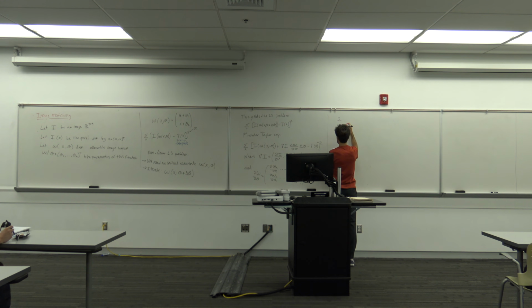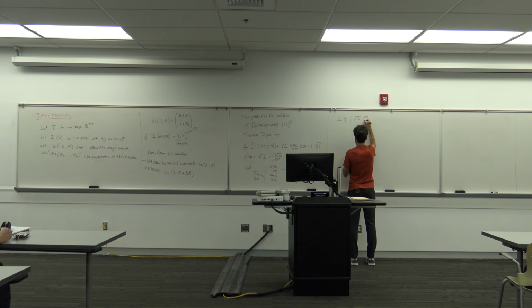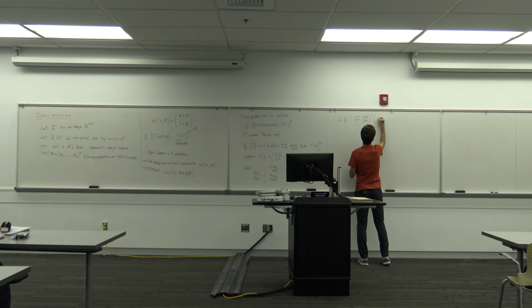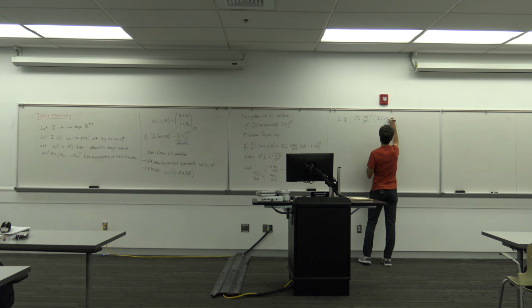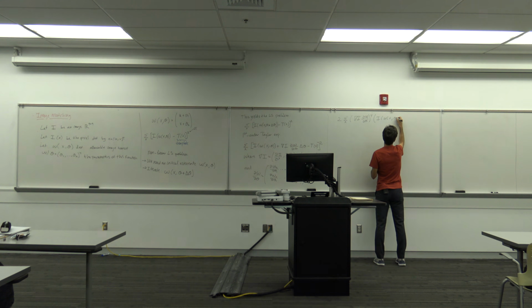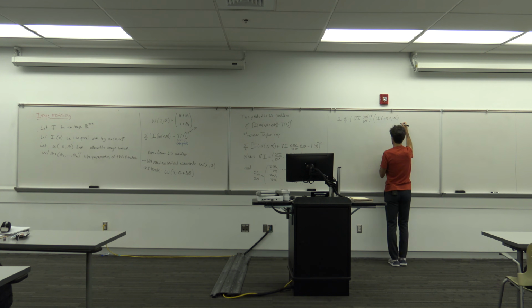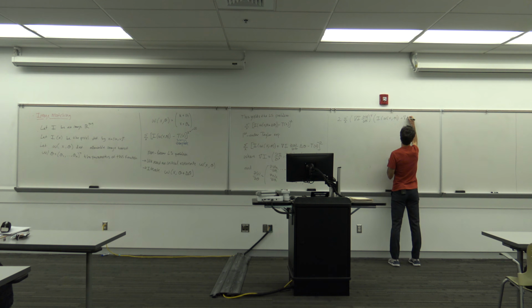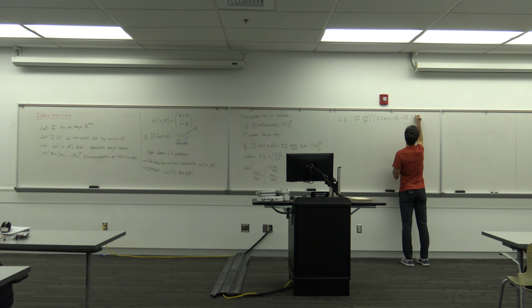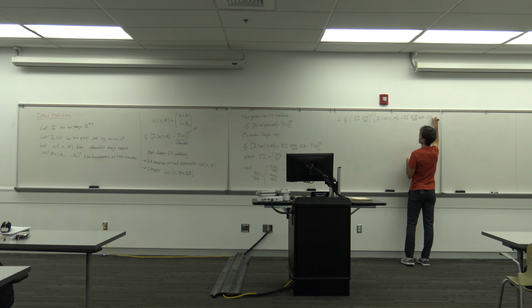I have 2 times the sum over all the pixels of the gradient of I, the partial derivative of W with respect to the parameters, transpose, times the image W x theta plus the gradient of the image times the partial derivative of W times the increment of theta minus T x.